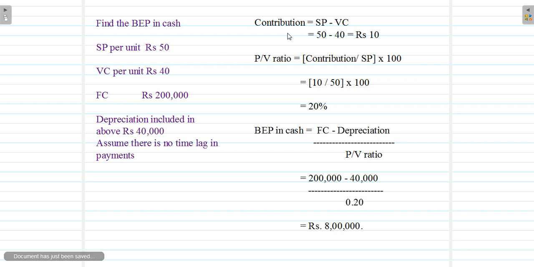So contribution is selling price minus variable cost. PV ratio is contribution by selling price into 100. Fixed cost, if it includes depreciation, we have to deduct it. So 2 lakhs minus 40,000 divided by PV ratio. So the break-even point for the given data is rupees 8 lakhs.